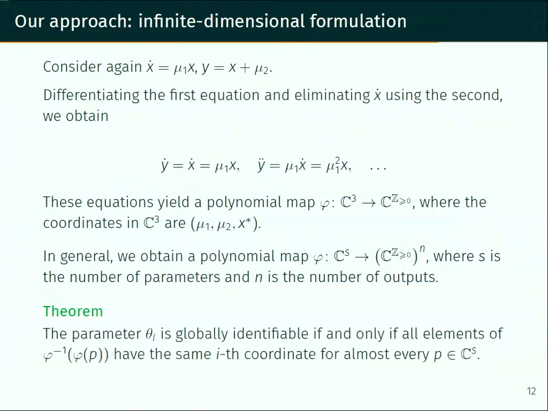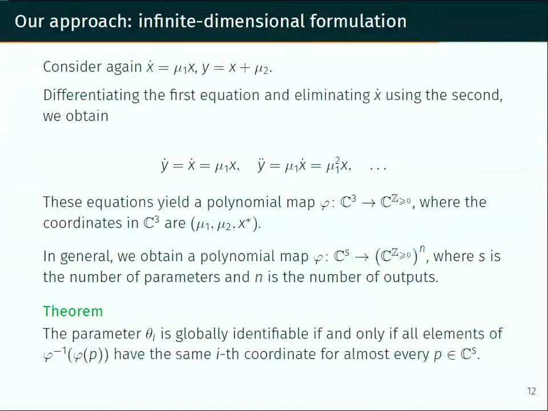They're a bit infinite, but we'll deal with it later. What I want to say is that we want to give an equivalent definition in terms of this map, without involving analytic functions, differential equations and so on. So this is an equivalent definition in some sense, or a way to check global identifiability using this geometric picture.